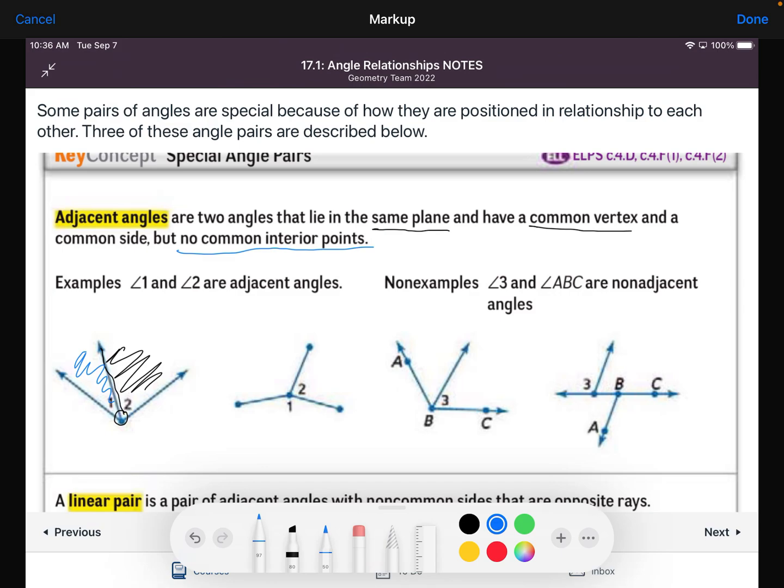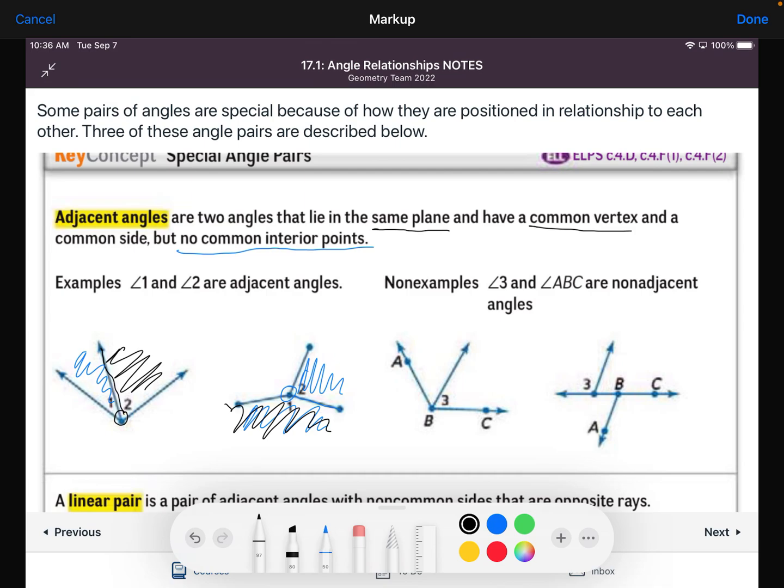So angles 1 and 2 in this case are adjacent angles. Angles 1 and 2 in the next figure have the same vertex, share a common side, and do not have any common interior points. So we can say those are adjacent as well.